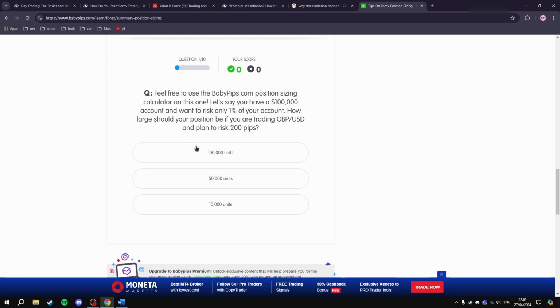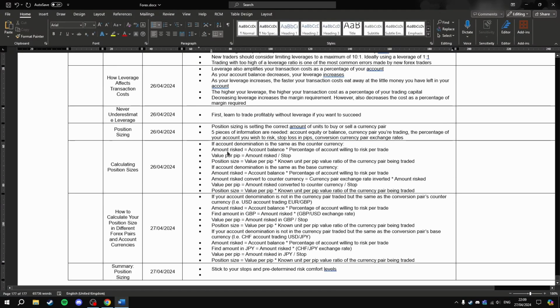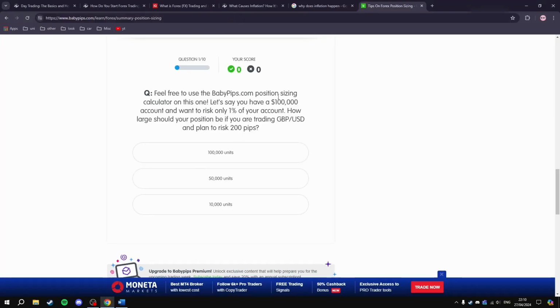Right, so your account is denominated in USD. That means your account denomination is the same as the counter currency, so amount risked is equal to account balance, 100,000 times 1%. That would be 100? Because times 0.01 should be 100, right?